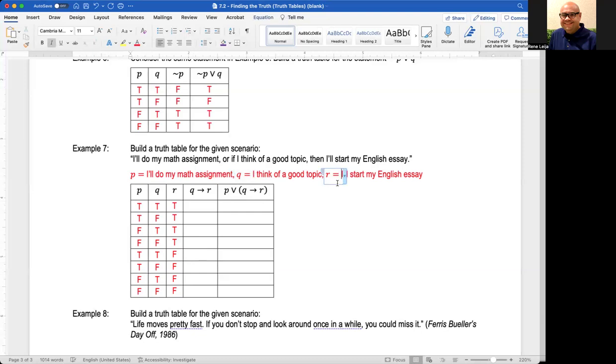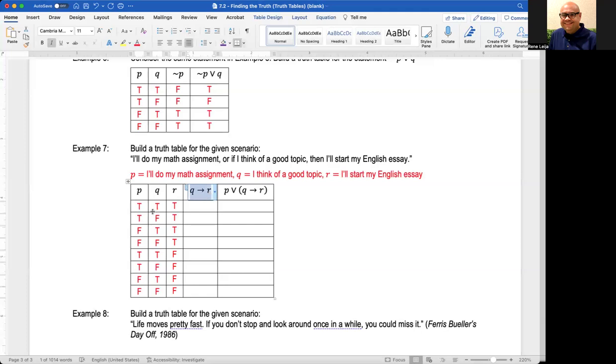So if I had S, then I would have all of this when S is true, and then I would copy this again and have all of this one more time when S is false. So it just gets longer. Okay. All right. Now we want Q, then R.